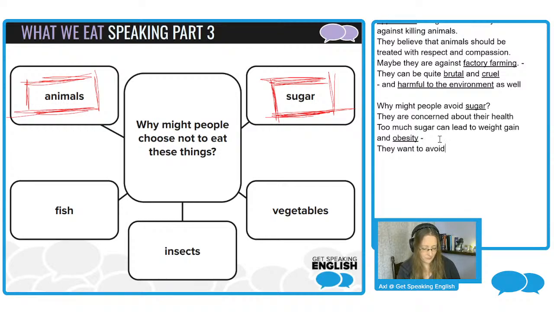Maybe they want to avoid dental problems. Like cavities, for example. Cavities are like the little holes that you get in your teeth caused by sugar, typically. Little holes in teeth caused by sugar as it eats away.